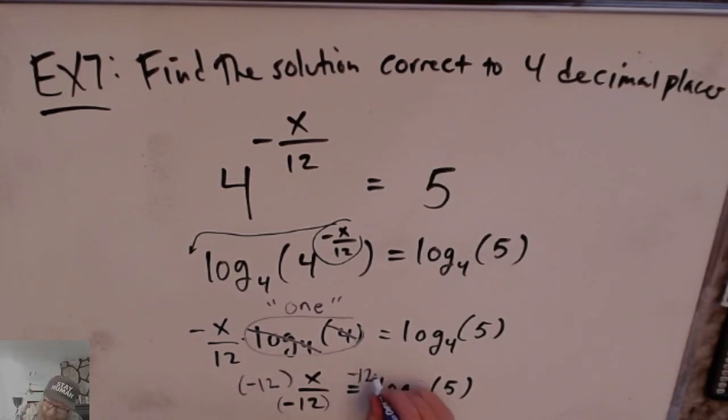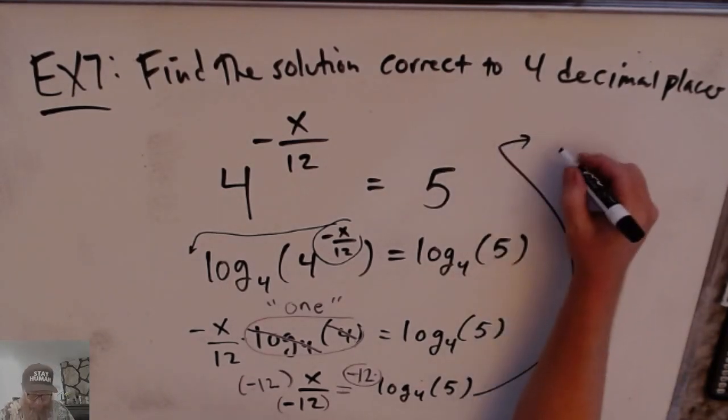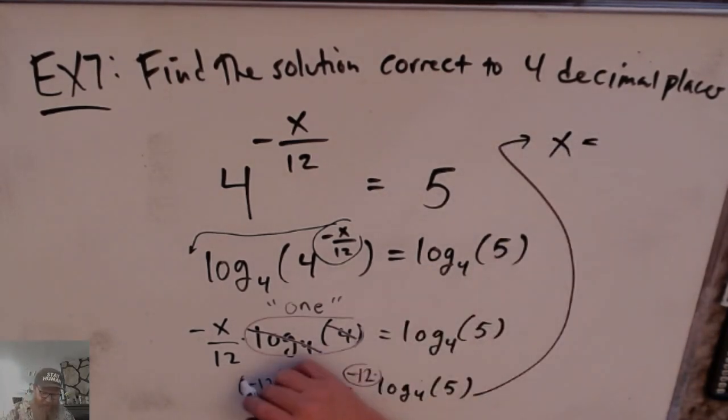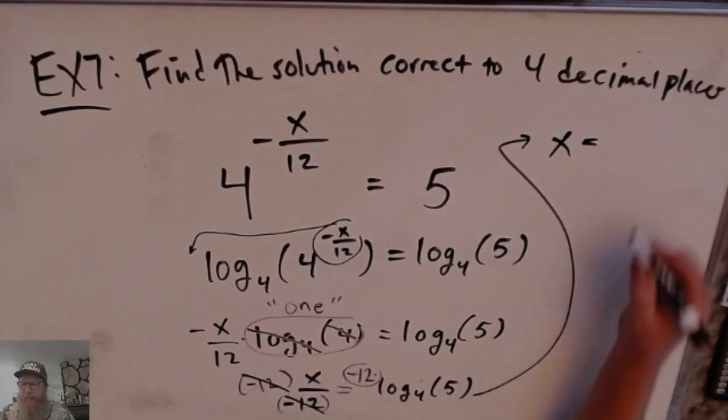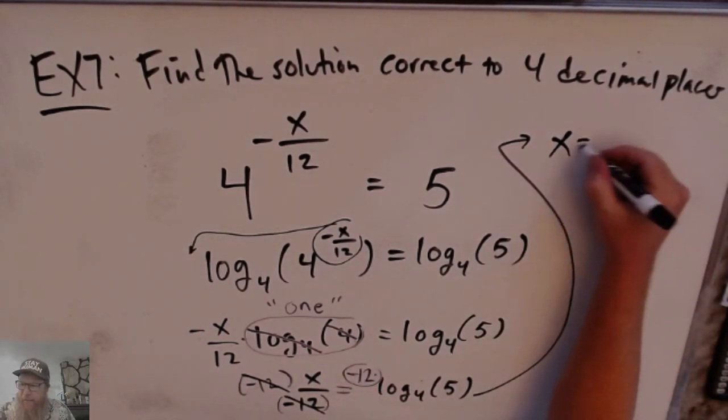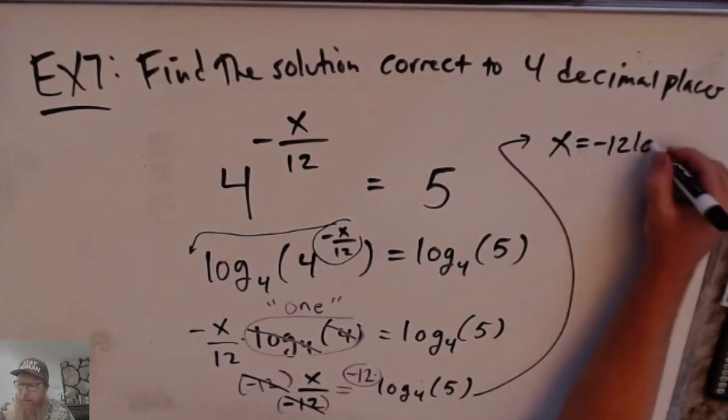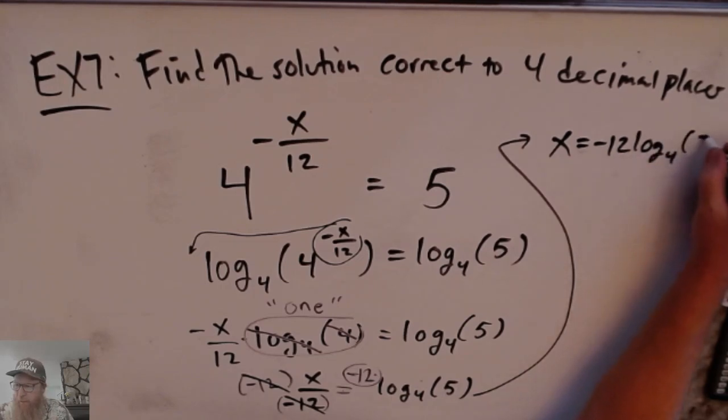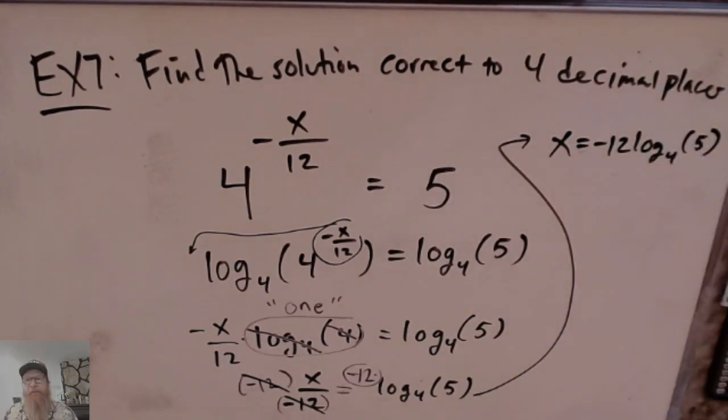Notice on the right-hand side where I'm putting the negative 12. I'm putting it right in front of the logarithm, right in front of the letter L. So on the left-hand side, the negative 12s are canceling. And on the right-hand side, I've got negative 12 log base 4 of 5.